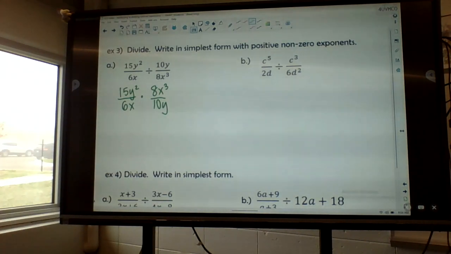Now we can do some canceling, some simplifying, looking to see what we can cancel. Remember that this really is like one big fraction. We have a top and a bottom of it.